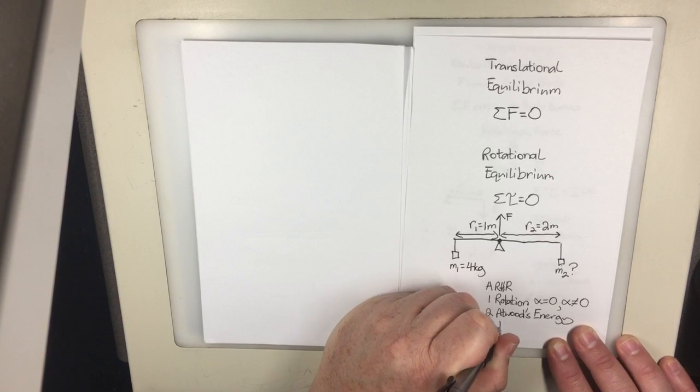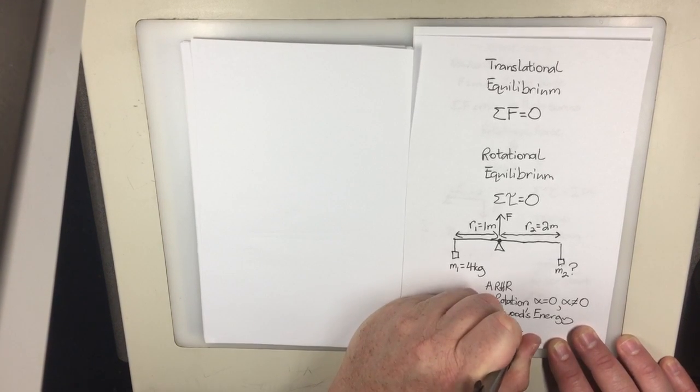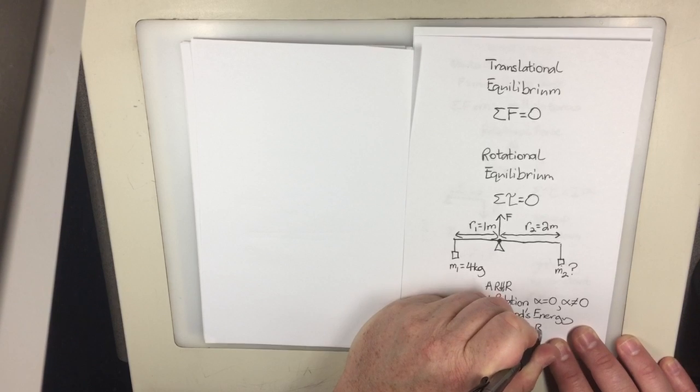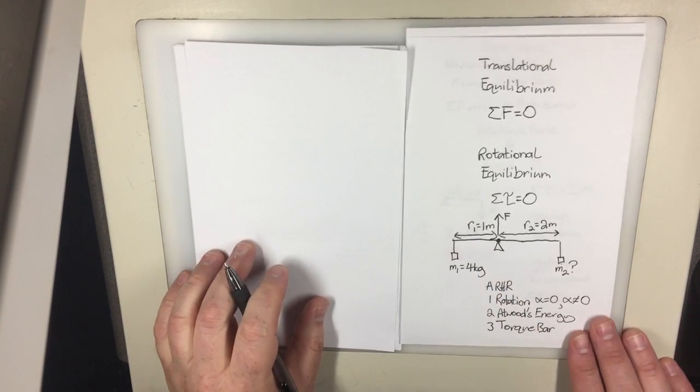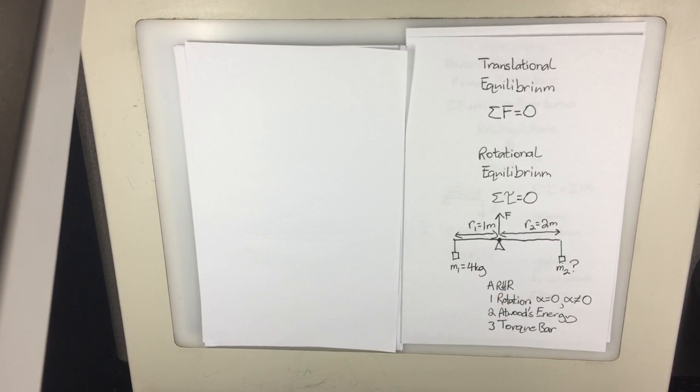And 3, torque bar. That's what we got. And one of the things that typically is not covered in test 2, except for the multiple choice, is inelastic collisions. I haven't been really able to get a good inelastic collision problem into test 2, but it does show up on the final.